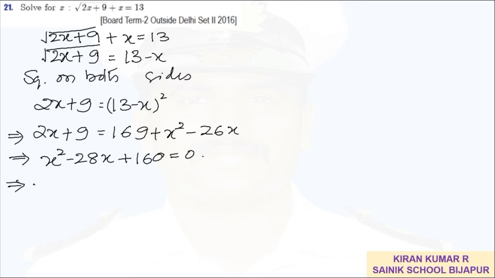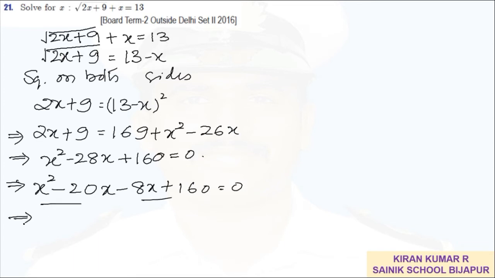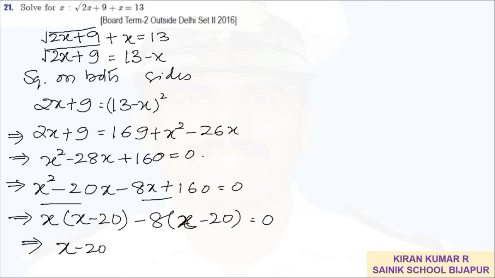So that makes the middle term minus 20x minus 8x plus 160 equal to 0. Group them and take common. x is common, we get x minus 20, and minus 8 is common, again we get x minus 20 equal to 0. Now x minus 20 is common, x minus 8 equal to 0. The values of x are 8 or 20.